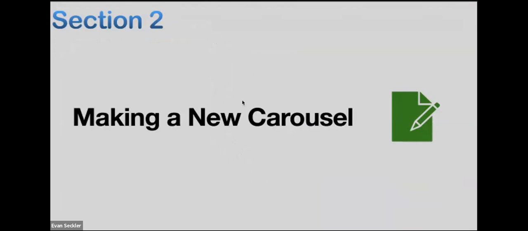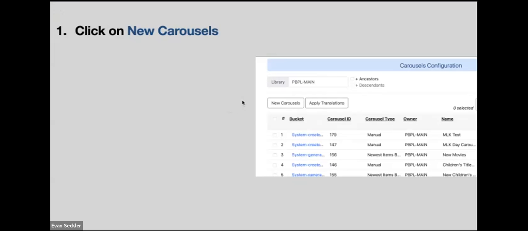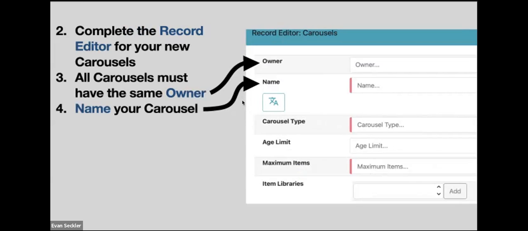So the next thing would be making a new carousel. So to do that, you would click on the new carousels, and then you will start filling out the record editor for your new carousel.